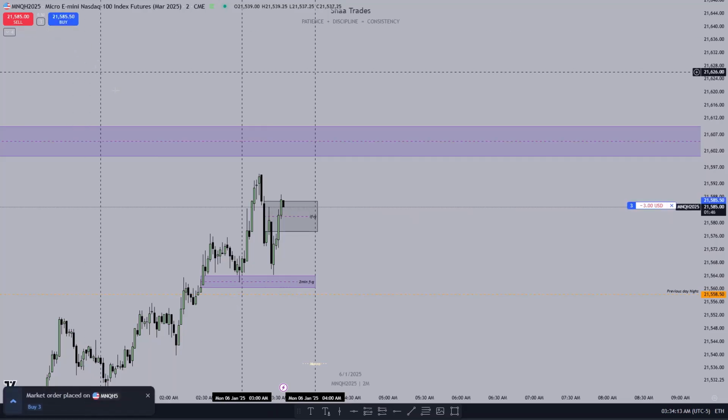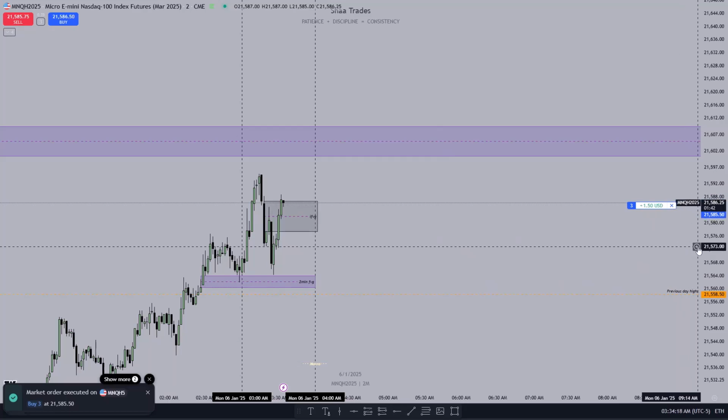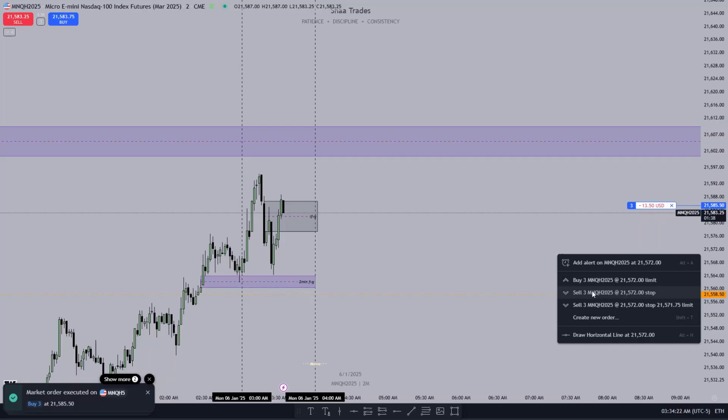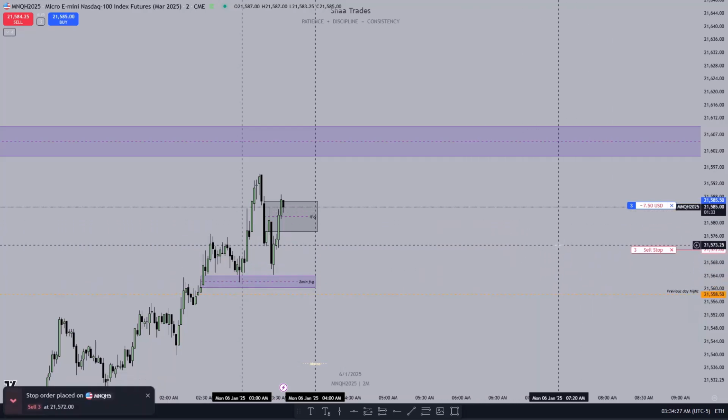Did not work. Okay, there we go. Mark it in. My stop loss under here. Then we're not gonna put a take profit in as yet.